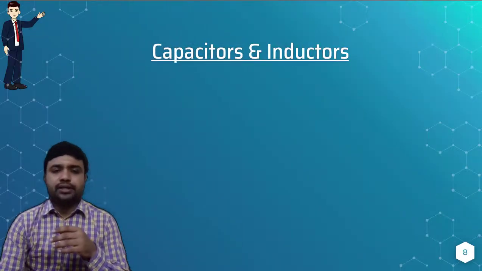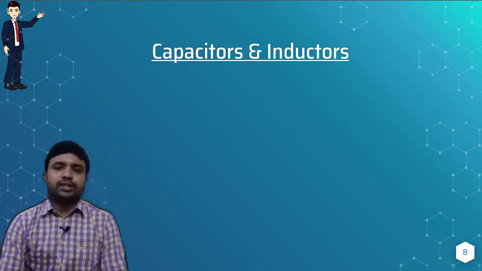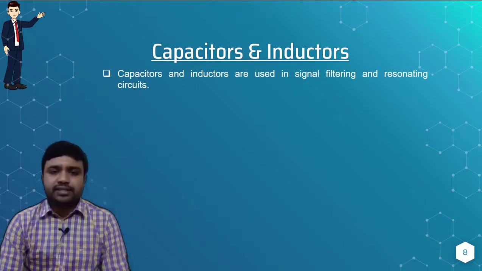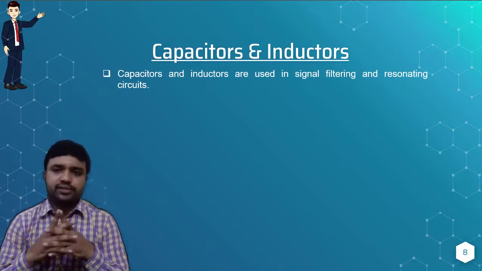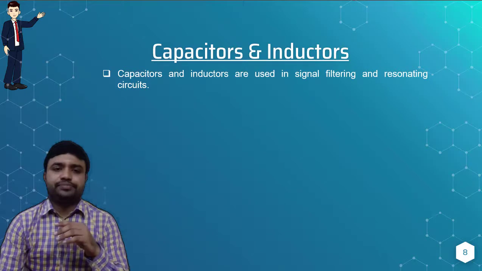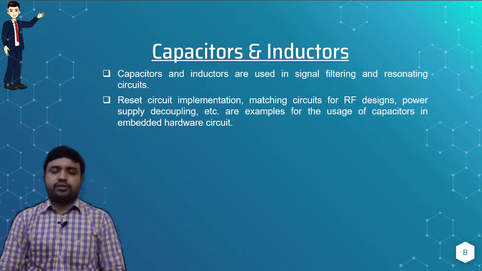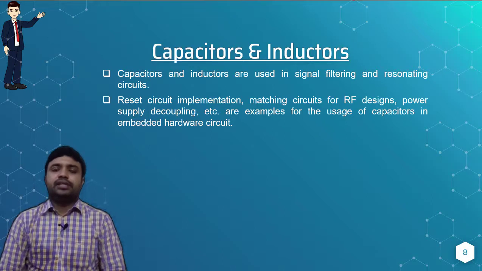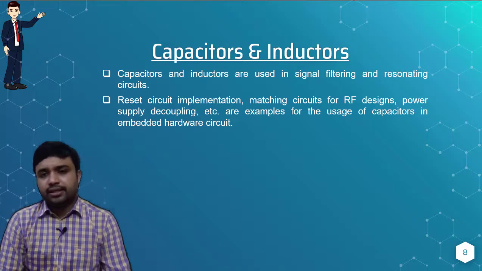Okay, right. So next is capacitors and inductors. What is a capacitor and what is an inductor? Capacitors and inductors are used in signal filtering and resonating circuits. So what is signal filtering? In any circuit there is a requirement of an AC signal or a DC signal.